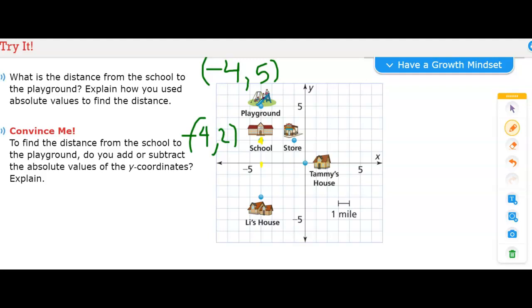So we look at 2 and then we look at 5 and we would subtract the 2. So 5 minus the 2 will give us 3. So they are, in this case, 3 units apart from each other. And that is how you would use the absolute value.